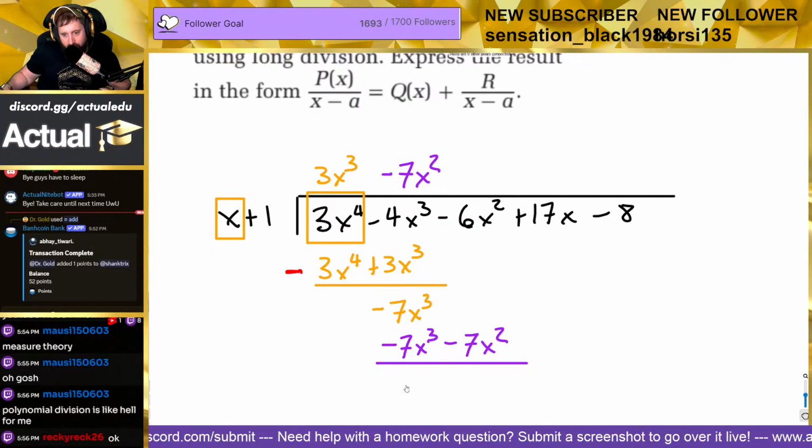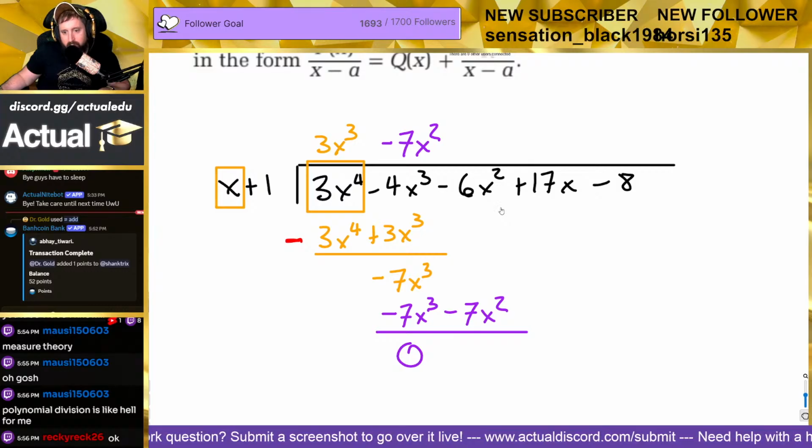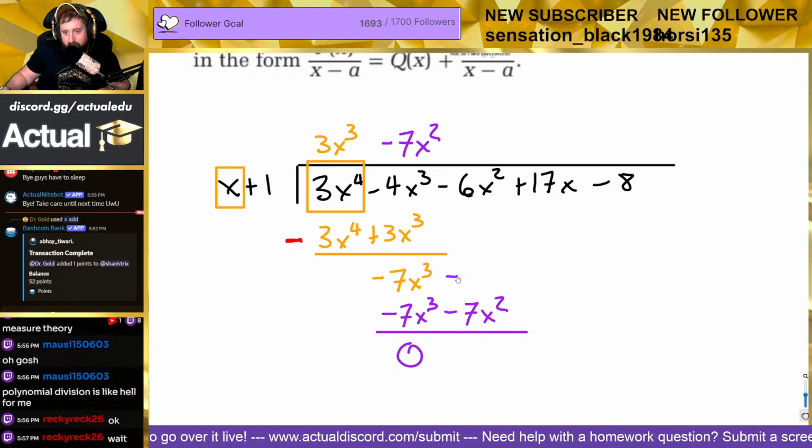Subtract these. This is 0. Another thing, if you don't get 0 here, you did the wrong thing. You should get 0 for the first one. Also, sorry, there was a minus 6x squared here. So this is minus 6 minus minus 7, so that's plus 7. So that's just going to be x squared.